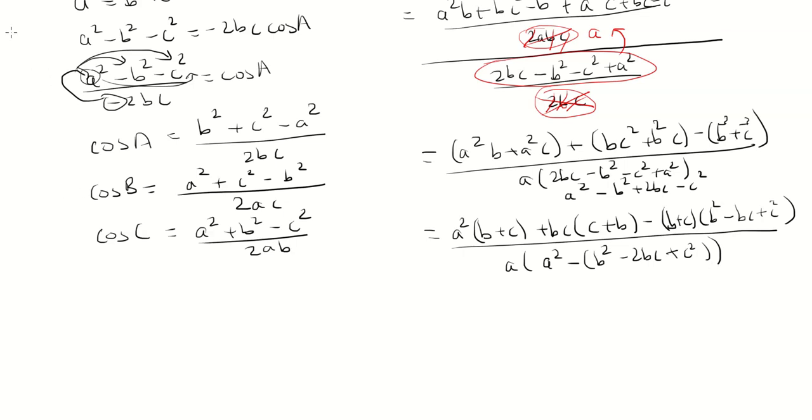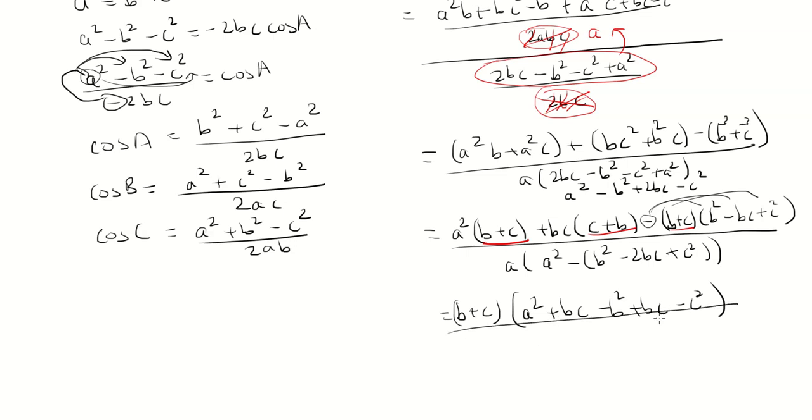And now from the top, I can factor out the b plus c in the parentheses. I have a squared plus bc minus, and then this negative is going to distribute to all three of those. So it's minus b squared plus bc minus c squared, all over a times b squared minus 2bc plus c squared, which factors into b minus c squared.